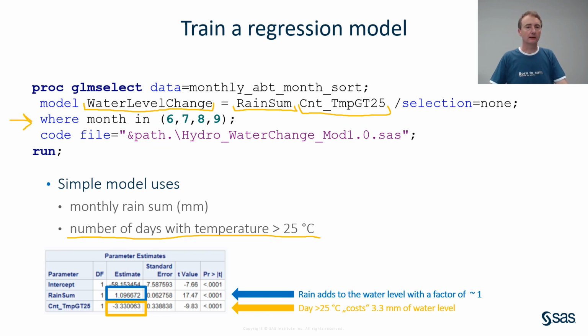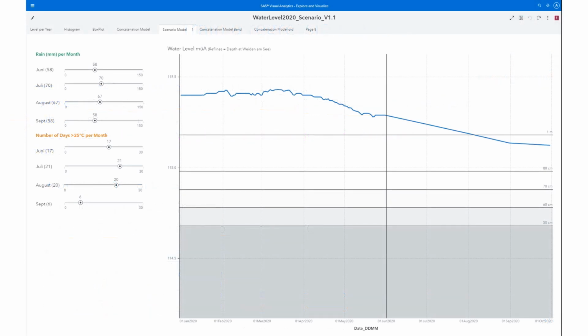This model is now available for interactive usage, and what you will see on the next slide is a method of how we can interactively play with what-if scenarios. What is our assumption for July, August, and September in terms of rain, in terms of hot days, and what is the effect on the water level? The regression model that we just built, based on the two parameters rain per month and number of days above 25 degrees per month, has now been implemented with the simulation engine of SAS.